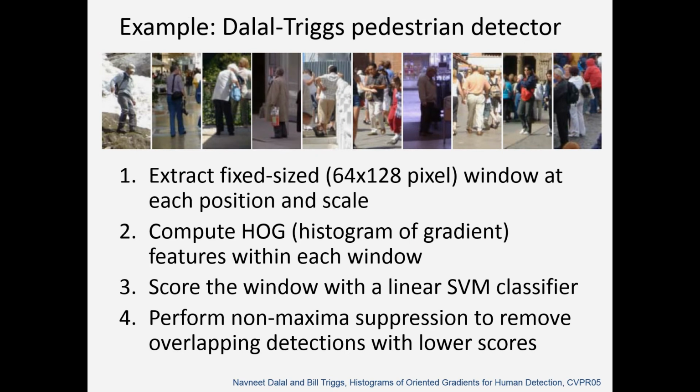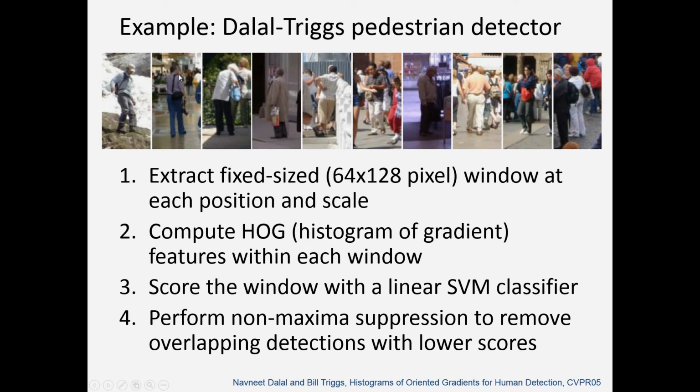He proposed the detector targeting pedestrians when he first drafted the paper. He explicitly assumed people have this size, basically 64 by 128. All his training data is more or less like that.